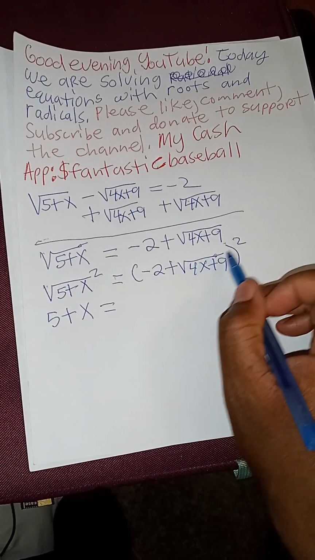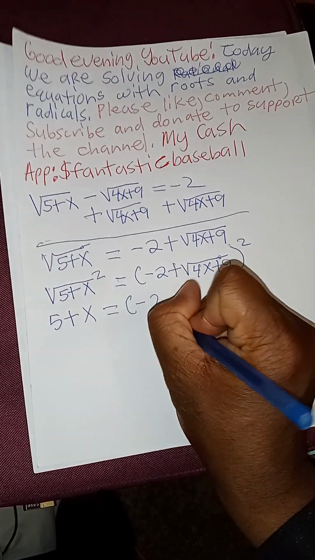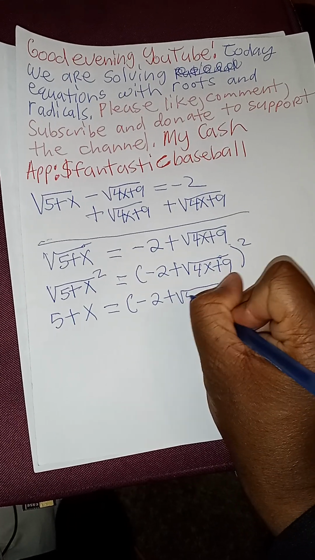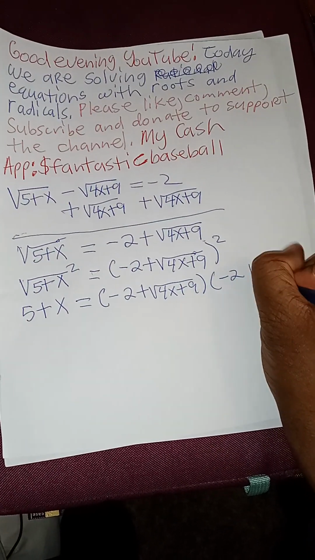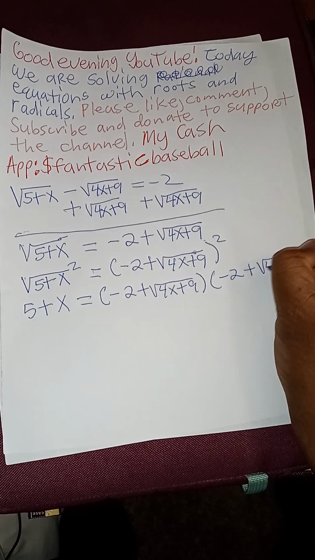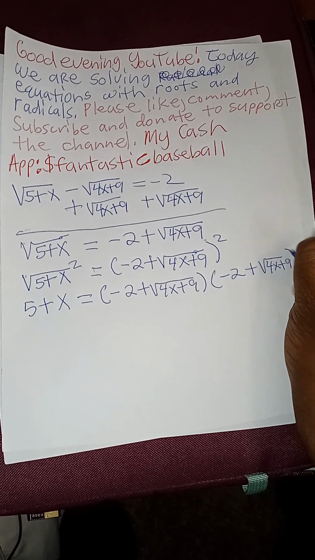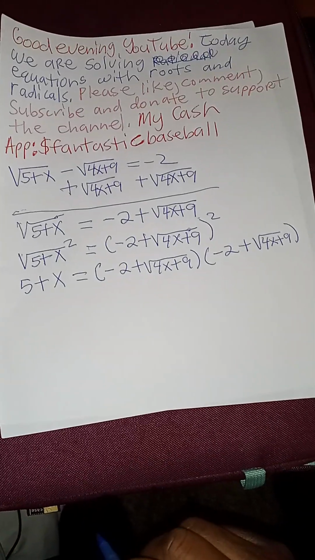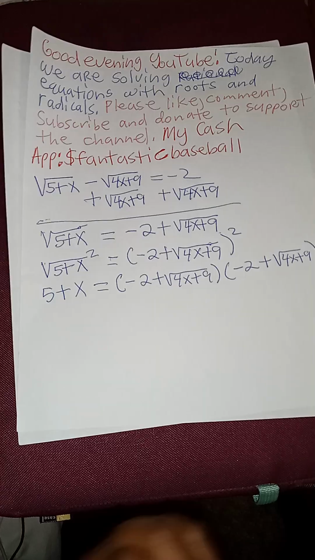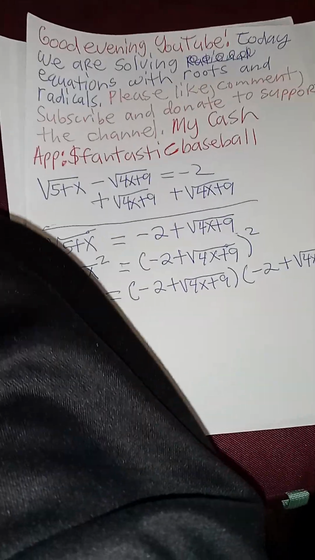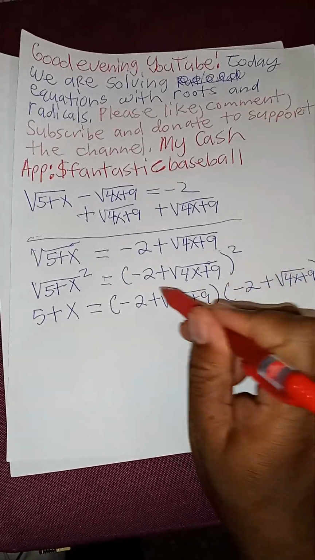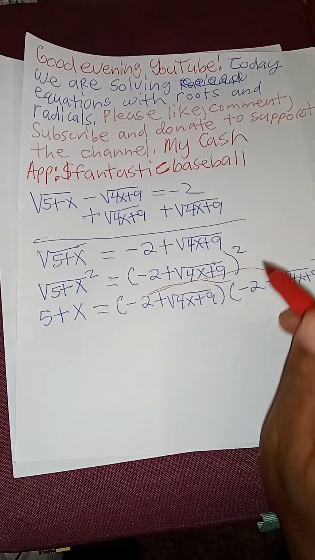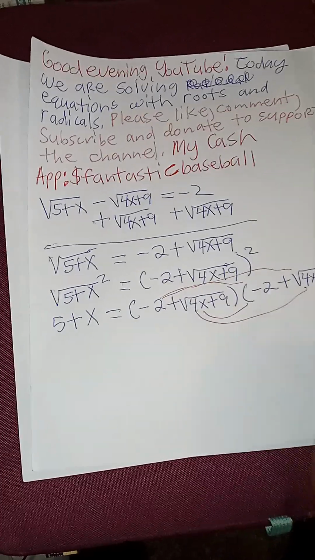We will write this twice: -2 plus square root of 4x plus 9 times -2 plus square root of 4x plus 9. Now we must distribute. So outer, outer, inner, inner.